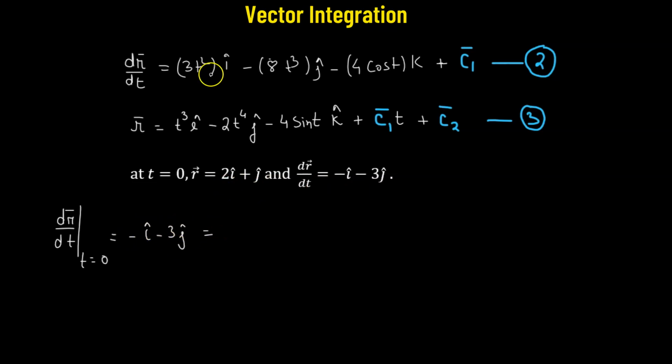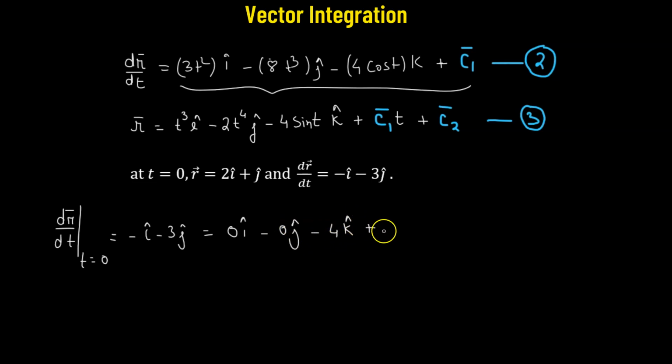So this will equal 3t squared, which means 0 i cap, minus 8t cubed, which will be 0 j cap, minus 4 times cosine of 0, which is 1, so negative 4 k cap, plus c1 vector. Solving for c1 vector, we have c1 vector given by negative i cap minus 3j cap plus 4k cap. Let's label this as number 4.